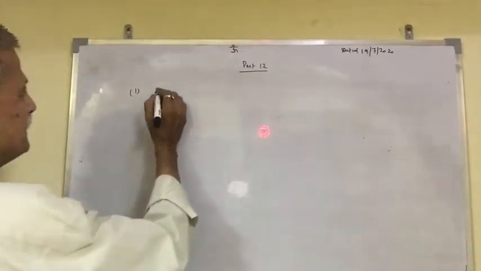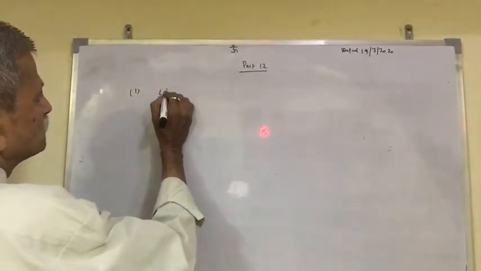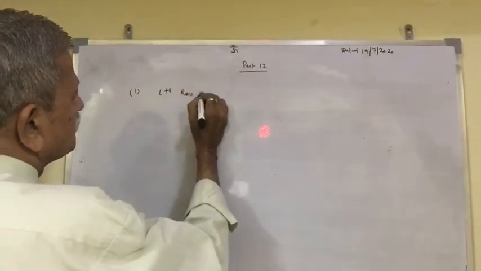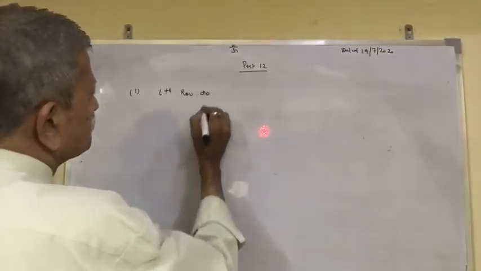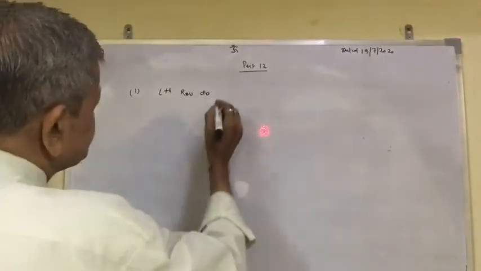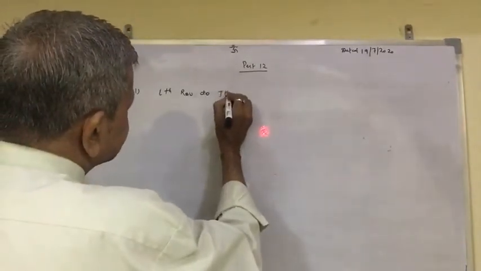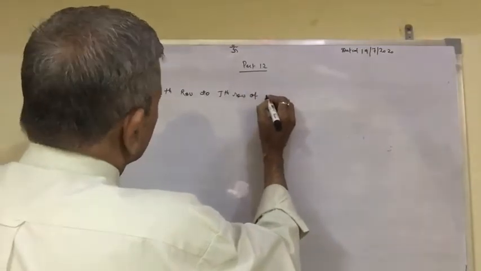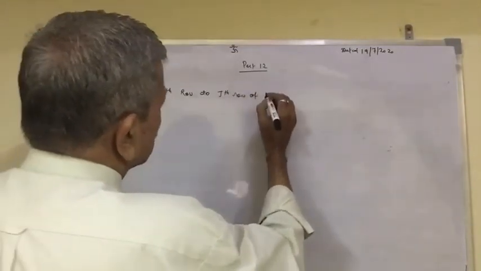You can change the ith row to the jth row of the matrix, ith row to jth row of the matrix.